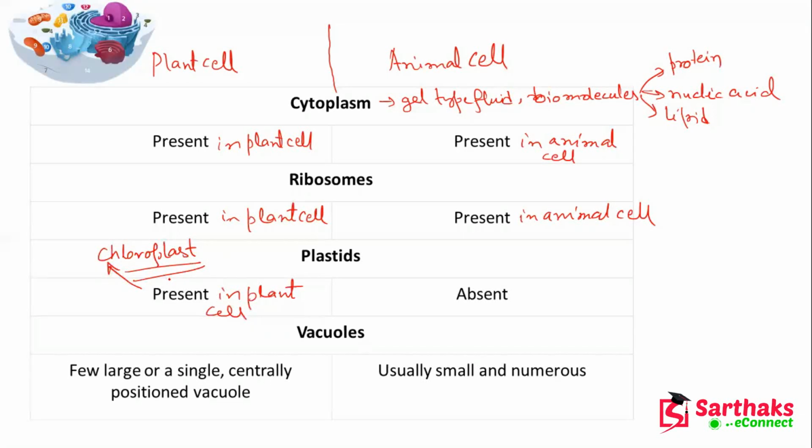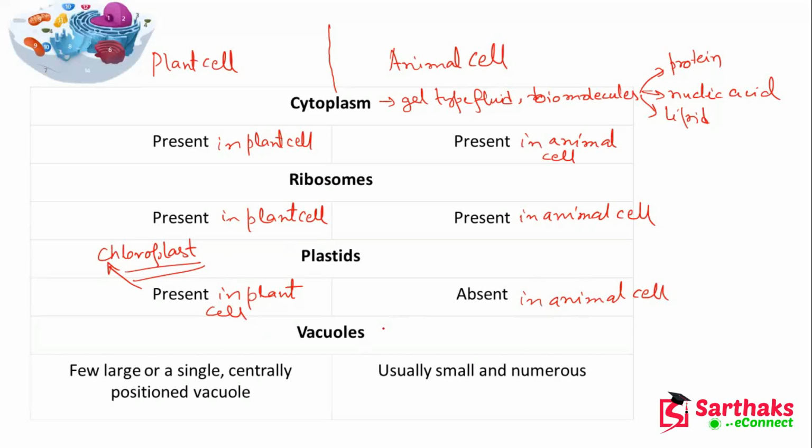So chlorophyll is inside the chloroplast, and this type of plastids we always have in the plant cell. If it is not there, then chromoplast. We have studied three types of plastids also. Chloroplast we can see in most plant cells. Now plastids are absent in the animal cell.